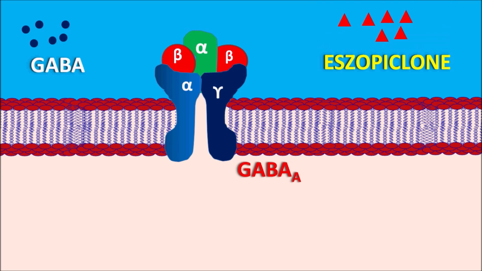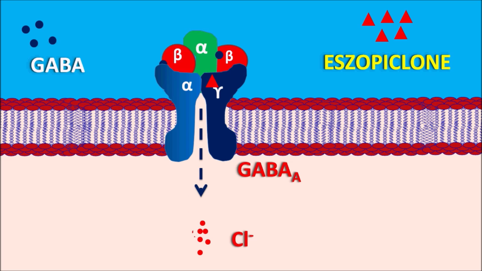So here S-Zopiclone is a non-benzodiazepine, but it acts just like the benzodiazepines. It can bind to a site near the benzodiazepine site, thereby facilitating the action of GABA on the GABA-A receptors. Once this drug binds to GABA-A receptors, it facilitates binding of GABA to them. When GABA binds to GABA-A receptors, it opens the chloride channels.